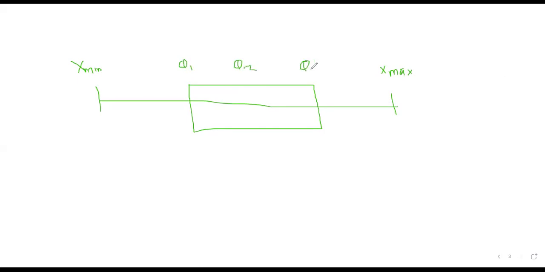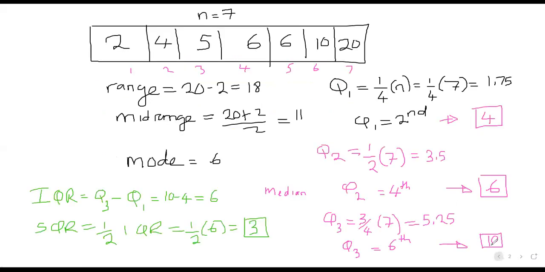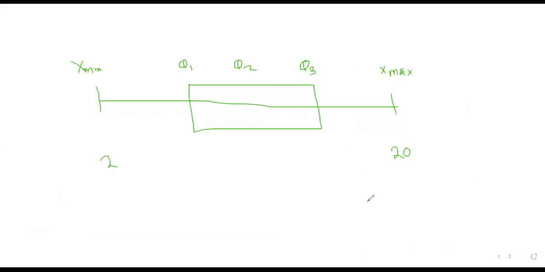So it has the smallest value, which is 2, and the highest value, which is 20. It also has 4, 6, 10, which helps us identify our quartiles.